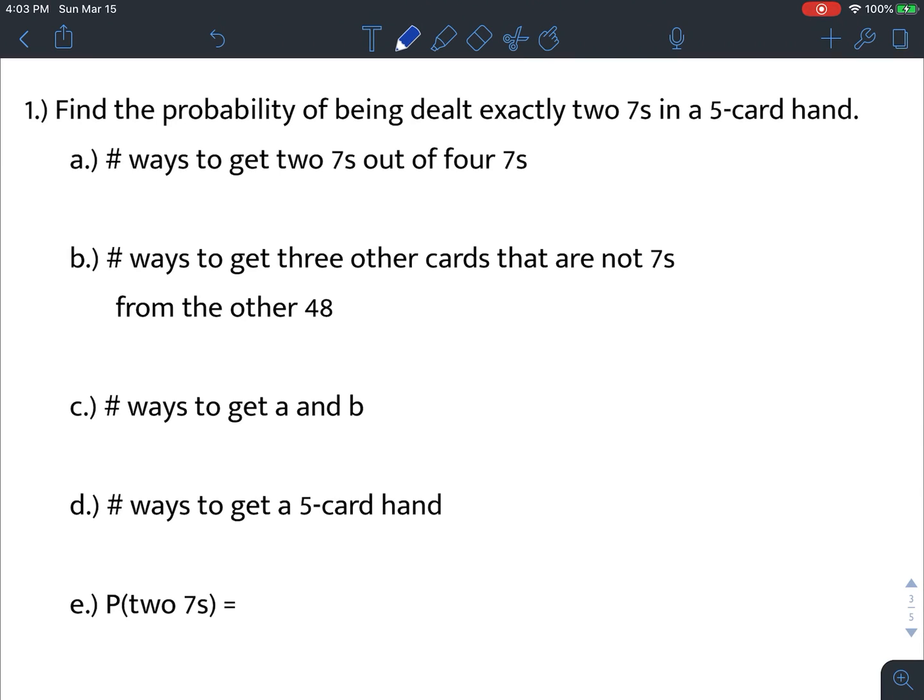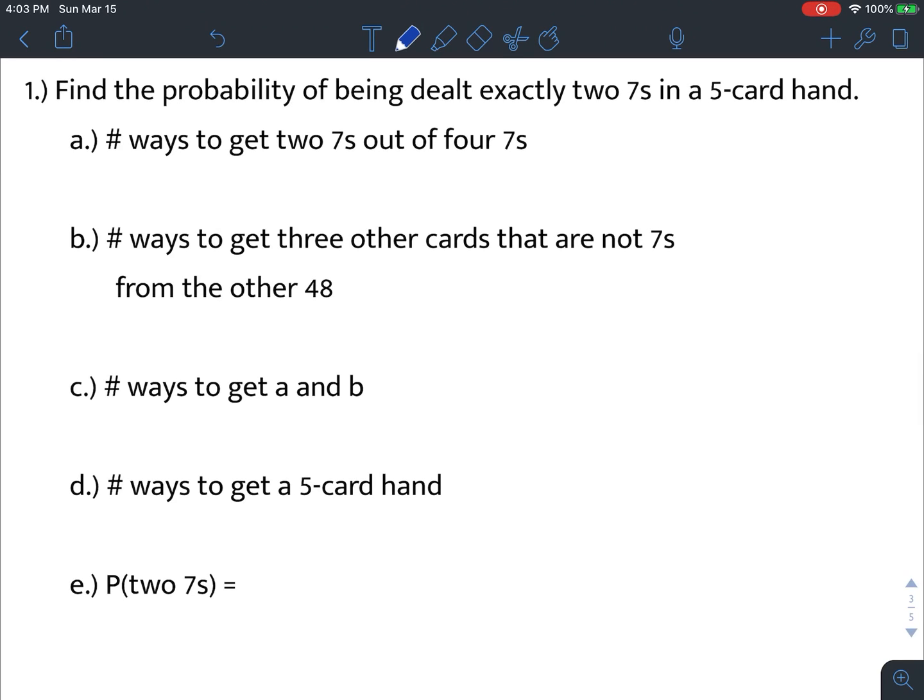Okay, so this requires multiple steps, and I tried to lay them out here for you to make it a little easier to figure out what that probability is. So there's a couple of things we need to find. The first one is the number of ways to get 2 sevens out of the total of 4 sevens. This is a situation where the order doesn't matter because a 7 of hearts and a 7 of spades, 7 of spades, 7 of hearts, that's the same thing.